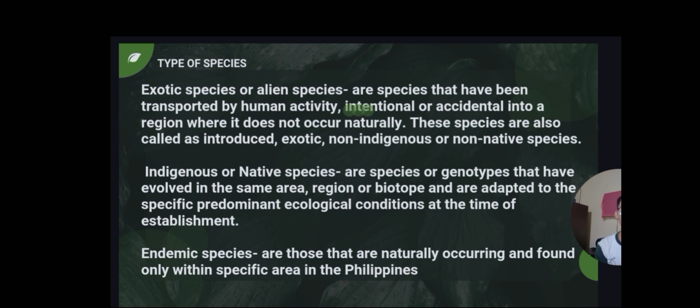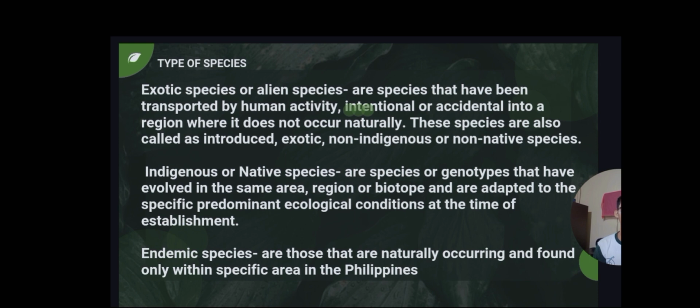Alien species are foreign species, for example mahogany and Gmelina, whose roots are not deep enough to hold the soil. Unlike native species, which naturally grow here in the Philippines.